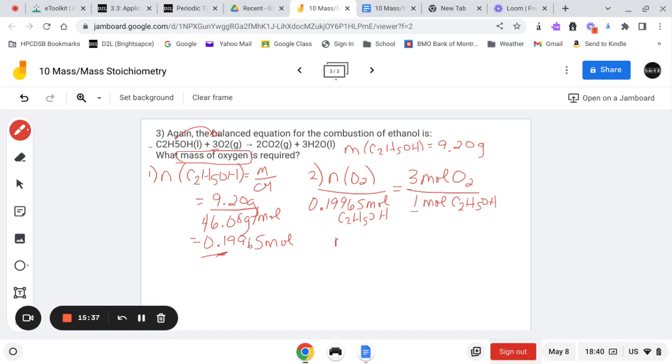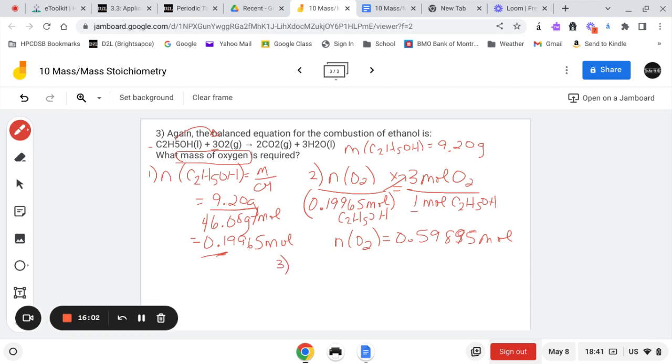So I'm getting a mole value of O2 that works out to be 0.5989 moles. Okay, so again, hopefully you're following along. We just took this value here, we cross multiplied it by 3, and we divided it by 1.